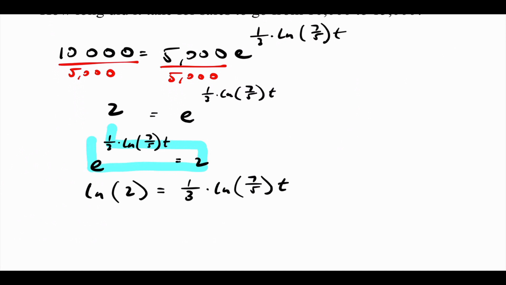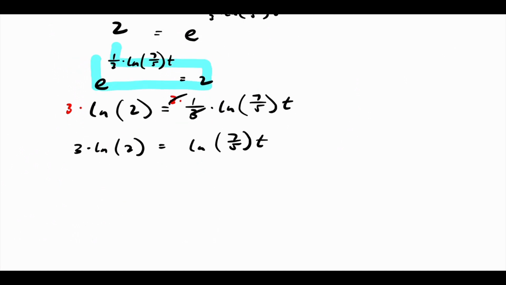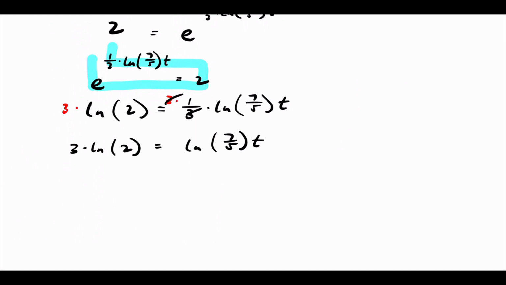Since one-third's a fraction, I'm going to multiply both sides by 3 first. Okay. Divide by natural logs.